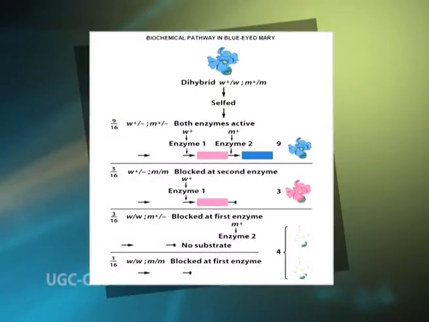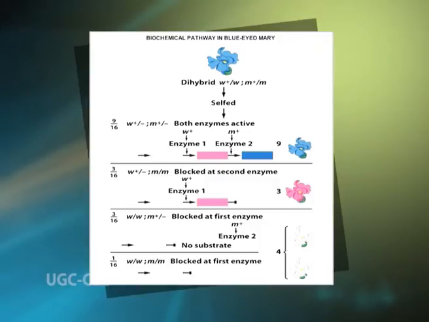If one or more intermediates in a biochemical pathway are colored, then a different F2 phenotypic ratio is produced. In this example, the enzymatic pathway for the color production from the plant blue-eyed Mary is shown in the figure given.